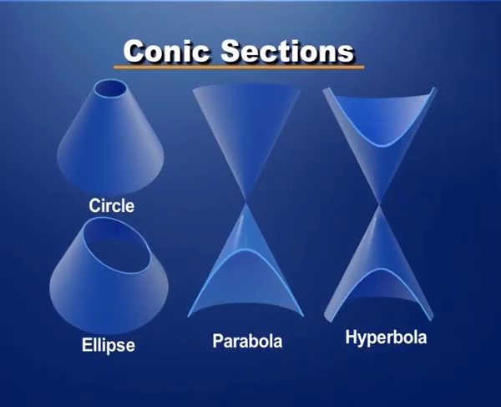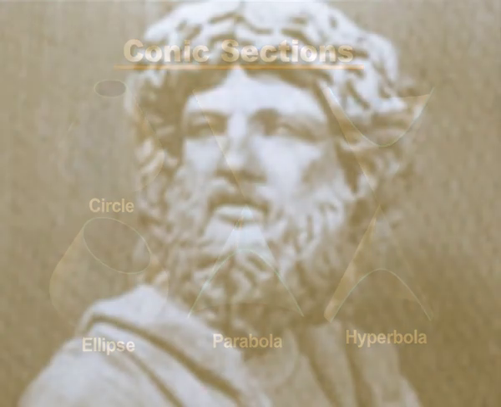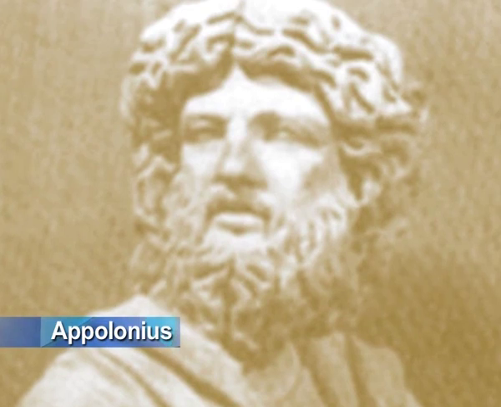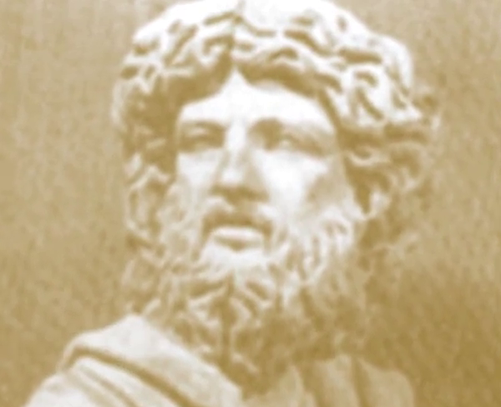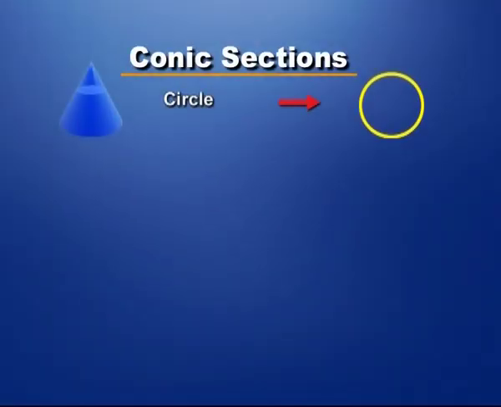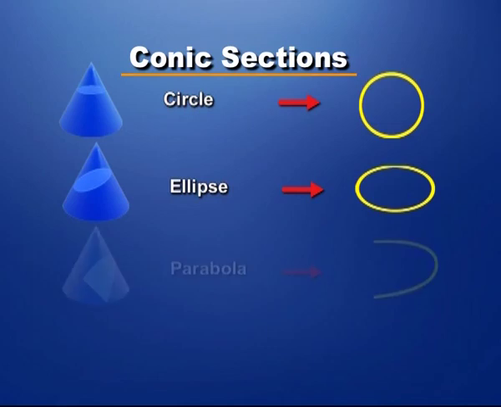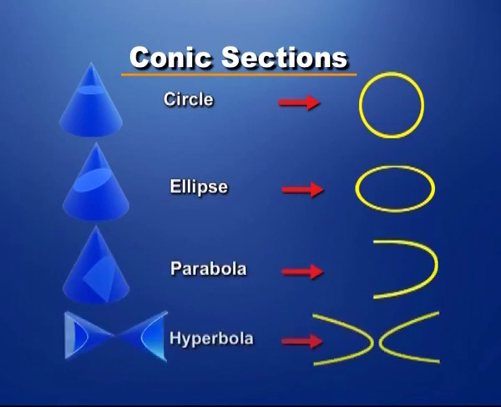The conic sections were named and studied as long ago as 200 BC when Apollonius of Perga undertook a systematic study of their properties. So now we know that there are three types of conics: the ellipse, including circles, parabola, and hyperbola.